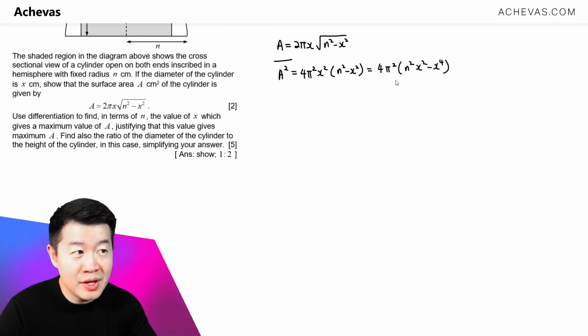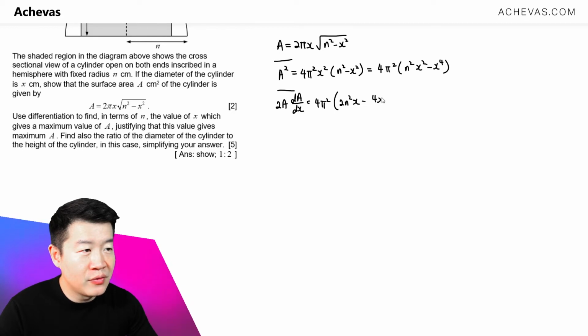This is very easy to differentiate, especially what we have on the right-hand side. On the left-hand side, if I differentiate with respect to x using implicit differentiation, we have 2A dA/dx. On the right-hand side, 4 pi squared, differentiating with respect to x, we will have 2n squared x minus 4x to the power of 3.